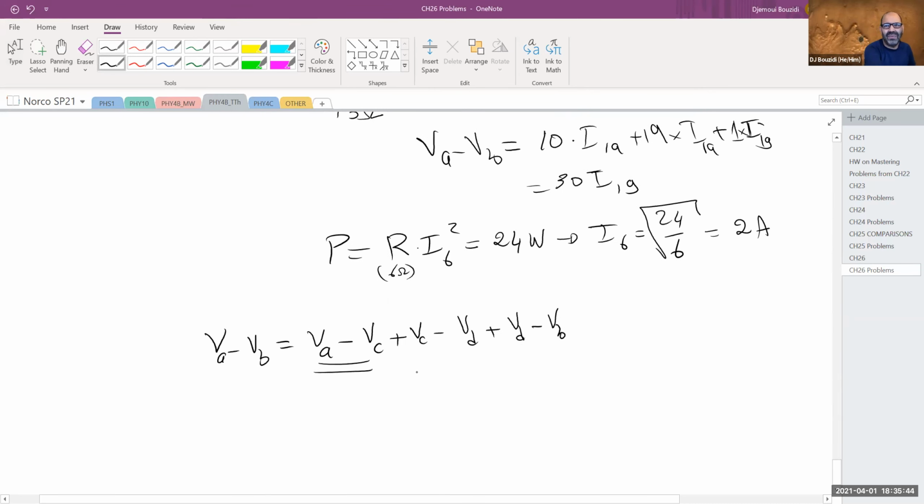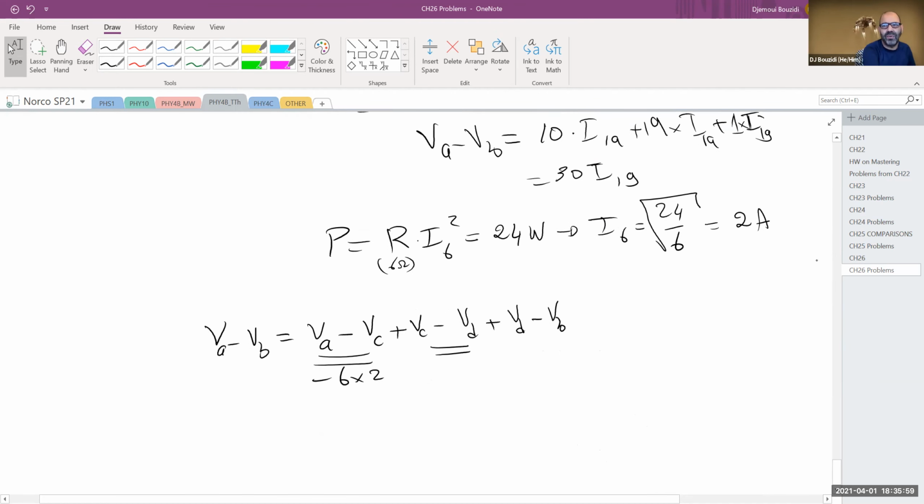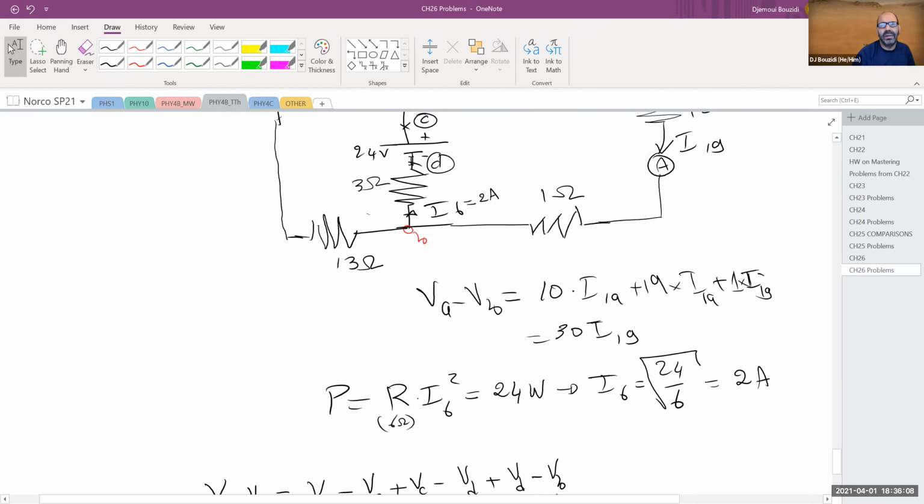So this is actually negative 6 times 2. Now, from C to D, I'm actually dropping in potential by 24 volts because I'm coming down from the positive to negative. And from D to B, I'm again against the current. The current is 2 amps and the resistance is 3 ohms.